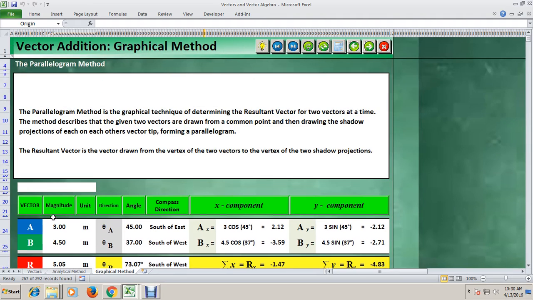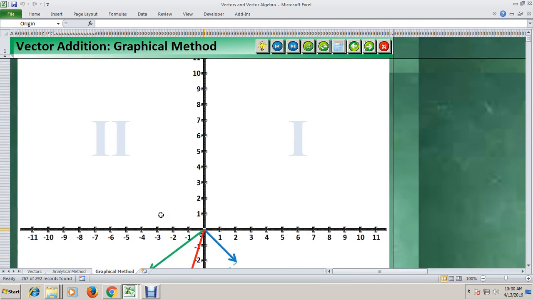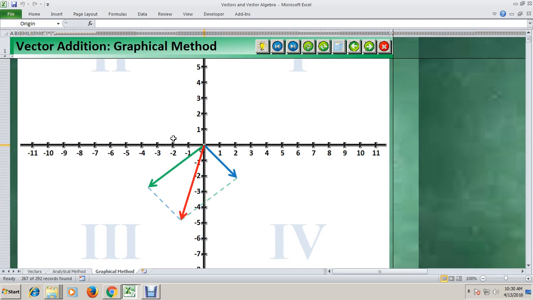Now the second vector, the green vector, is vector B. It is measured 37 degrees south of west. So south of west is on the third quadrant. You can see here that the vector is drawn on the third quadrant. Now, the idea of the parallelogram method, once you have drawn the two vectors on a common point, such as the origin, is to draw the corresponding vector shadows of each vector on the tip of each of the given vectors.